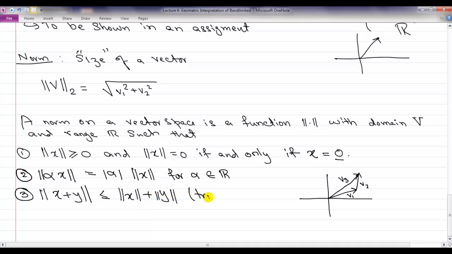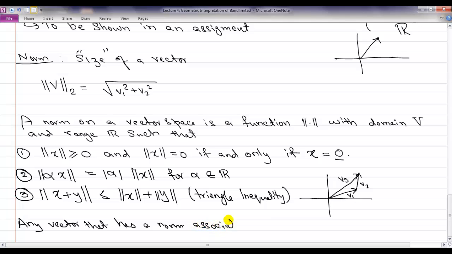And this property is called the triangle inequality. And any vector space that has a norm associated with it is called a normed vector space.